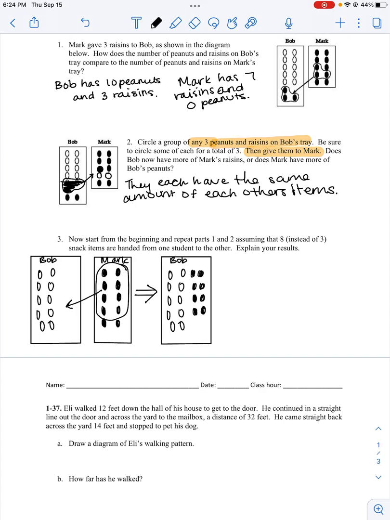Now we need to circle 8 of what Bob has on his tray, and give those 8 to Mark. Remember, we have to circle some of both.